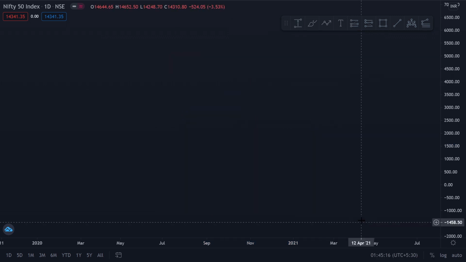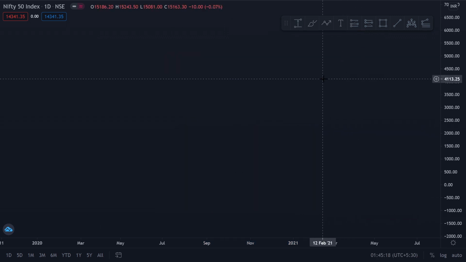So the first step is to avoid complex patterns and stick to good patterns like head and shoulders, ascending triangle, descending triangle, or bear flags and bull flags. These patterns have been tested historically and have been giving good results with high probabilities. So the first point is to avoid complex patterns.